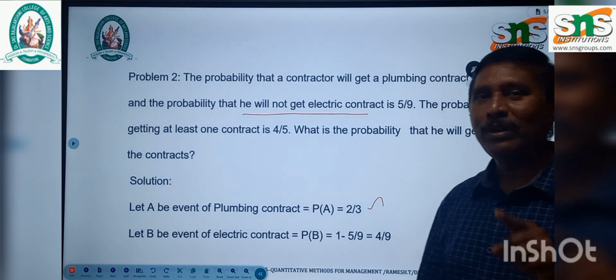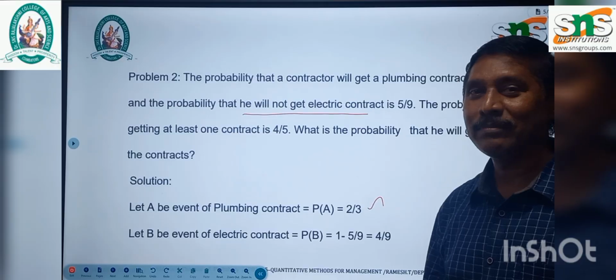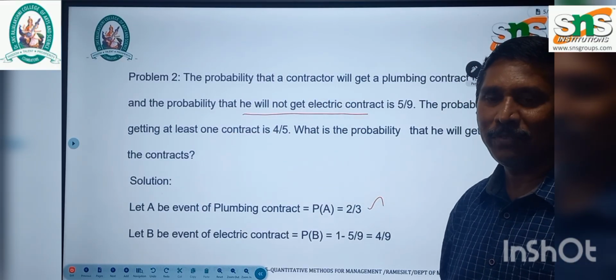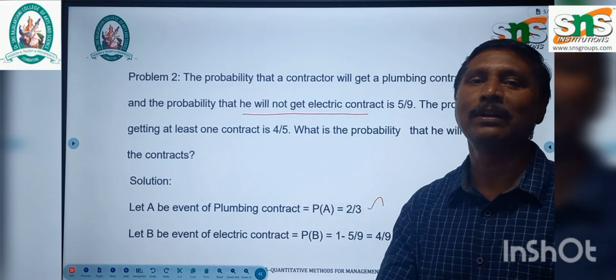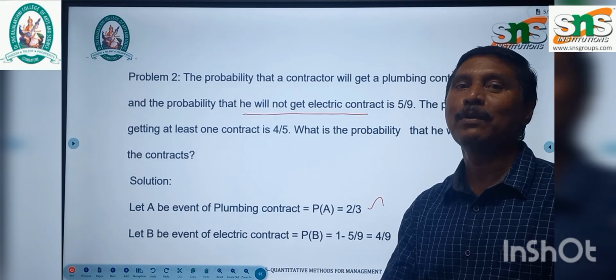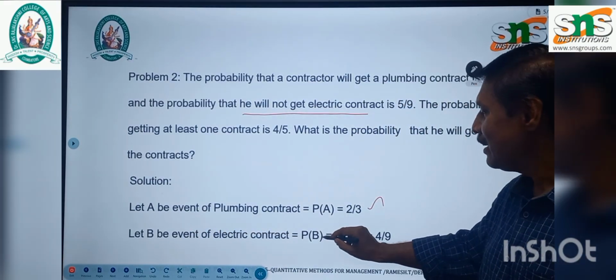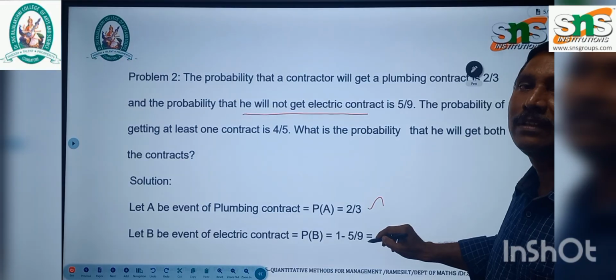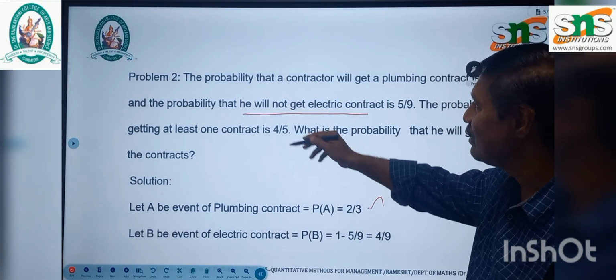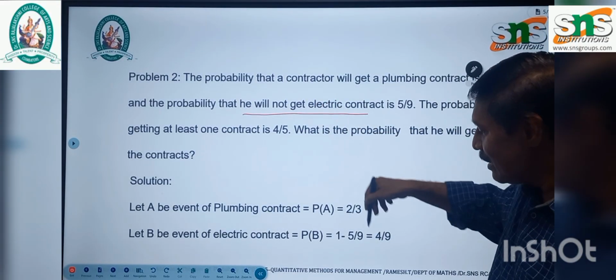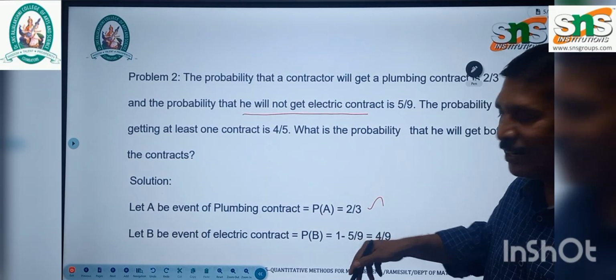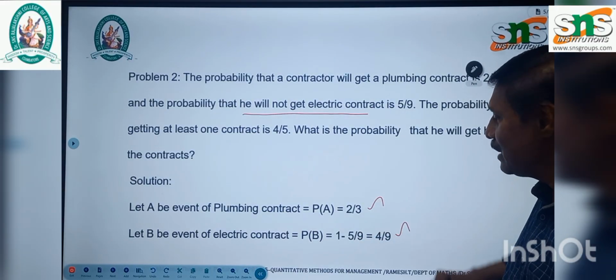So what is the probability that he will get the electric contract? This complement is given, therefore we convert it: 1 minus the probability of not getting it. So probability of B is 1 minus 5 by 9, which is 4 by 9.